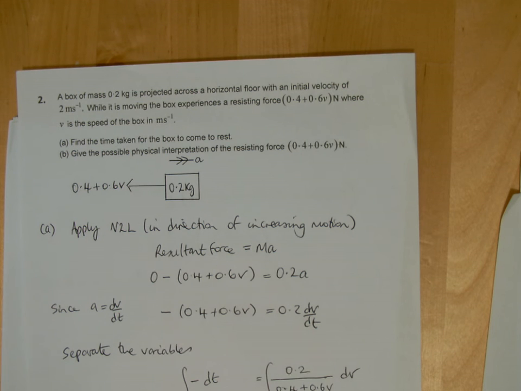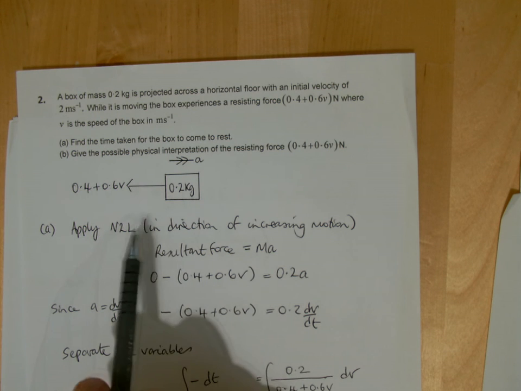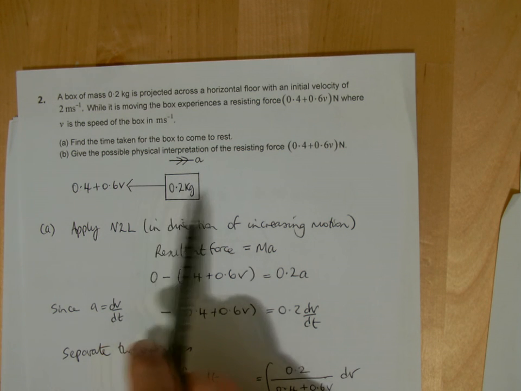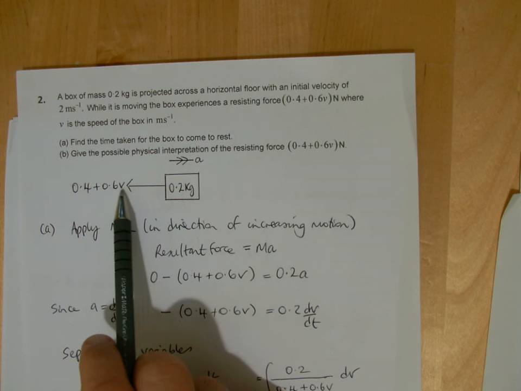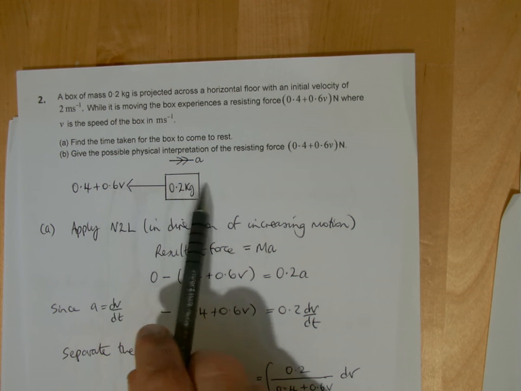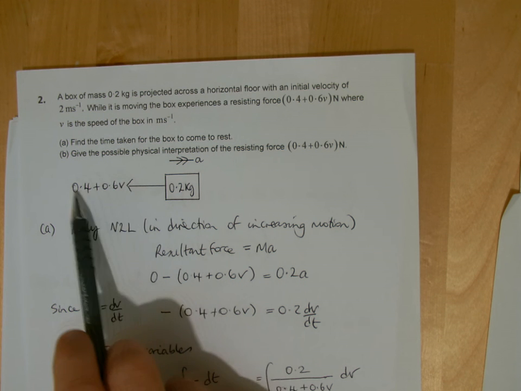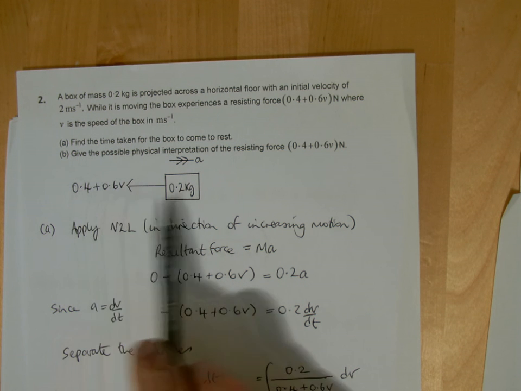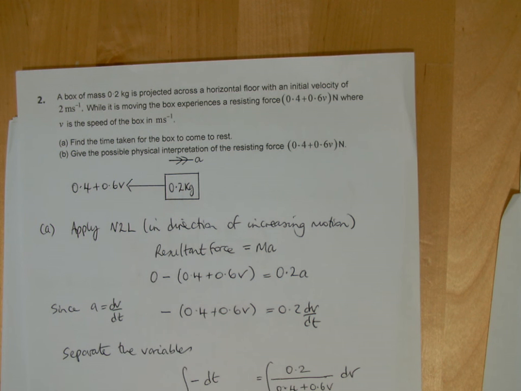Conversely, as it slows down, and in this case it is slowing down, v will get smaller, which means this overall value will get smaller, so the actual resisting force is getting smaller as it slows down. So what sort of physical cause will make resistance get smaller?